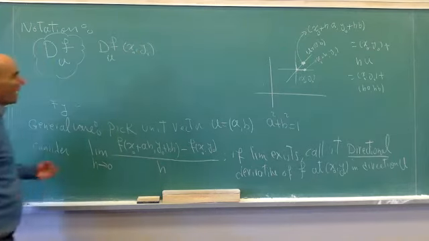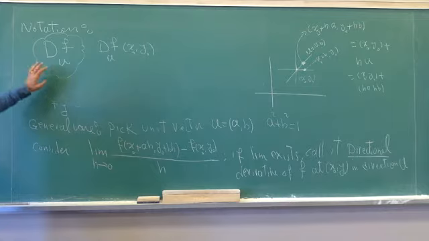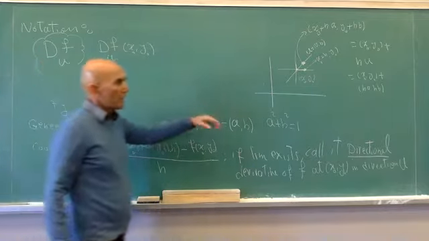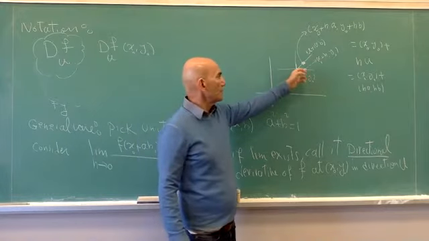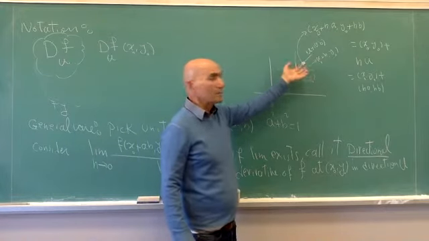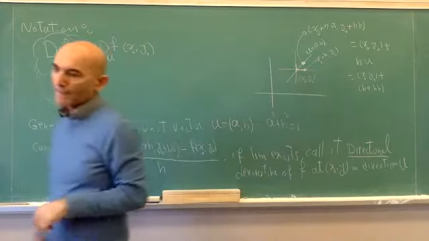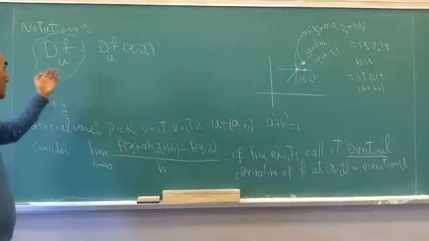But if you understand that you are at that point, you don't have to write it. You can just say D_u f. But you understand that this is always also with respect to a point x0, y0, or x, y in general. So that's the thing.